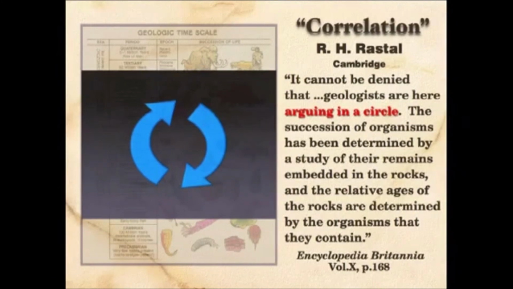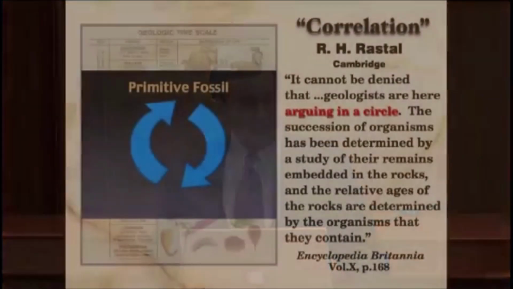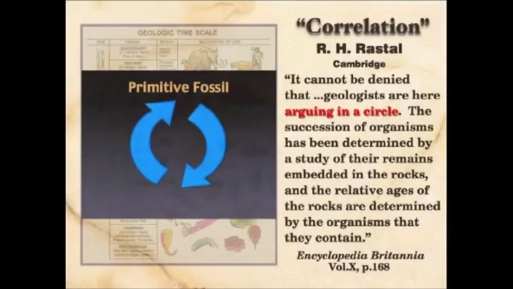Now, let me illustrate and simplify, somewhat oversimplifying, but still not misrepresenting. A person says, we have a primitive fossil here. Okay, how do you know? And of course, that would go on the bottom of the column. But how do you know that's a primitive fossil? Well, it's found in an old rock.